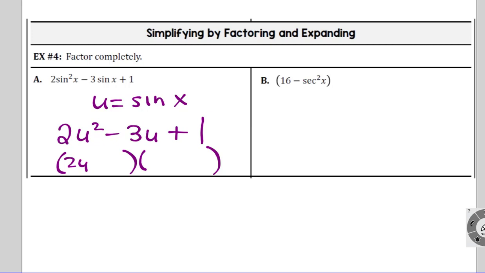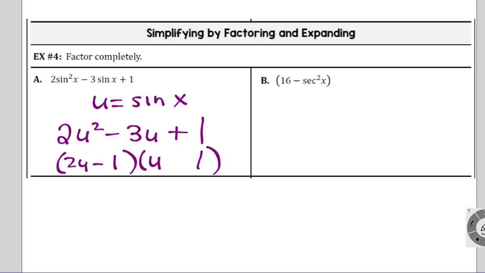If the first term is 2u here, over here, what do we have to have? Just a 1u, right? 2 times 1. That's the only way we can get 2, right? And then here we're going to have a 1 and a 1, right? So the question is, what do we do in the middle? Which operations?